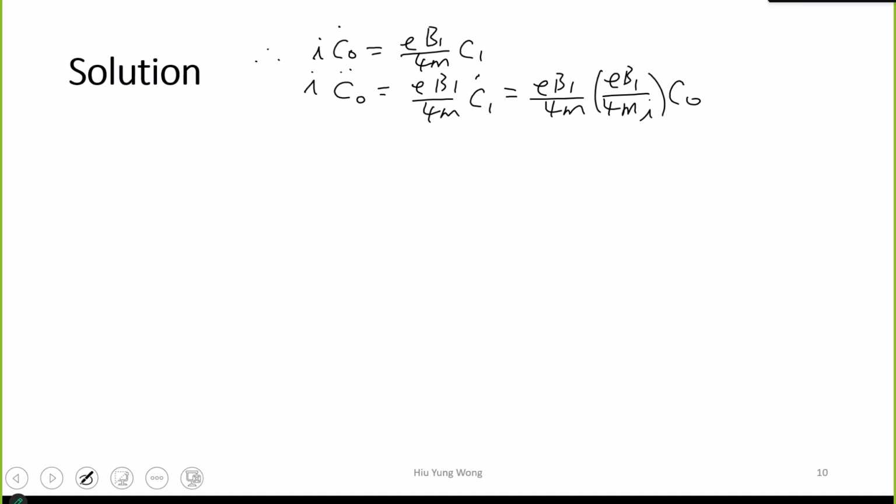I did not do a good job, but then the I gets cancelled. This becomes C1 double dot, the second derivative, plus EB1 divided by 4M square C0 equal to 0. So I have an equation of motion for C0. We call it the equation of motion.